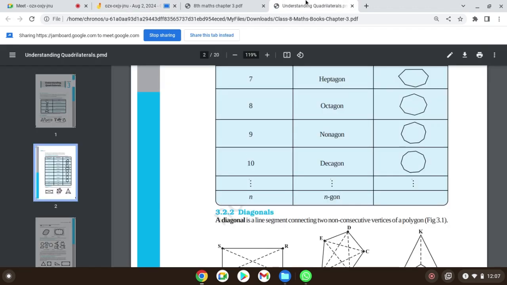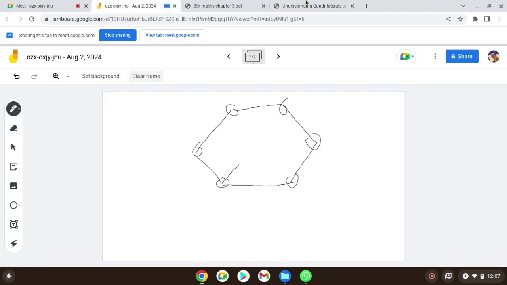Each point will meet its non-adjacent point in front of it. The line that builds the bridge between two non-adjacent points is known as a diagonal. So this is the simple diagram of how we can draw diagonals.